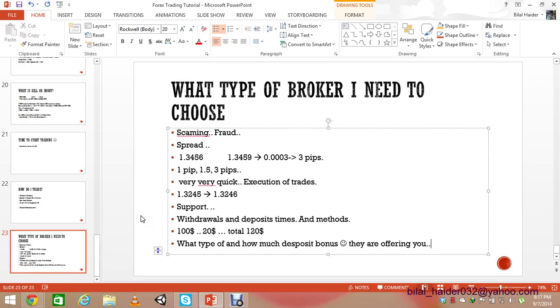First you need to consider all the points I have written above, and if you find a broker which is having all those things with them, then you go with the very last point. Then you look for the deposit bonus which they are offering you.